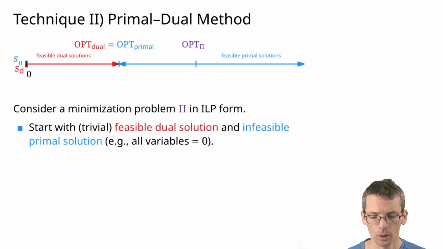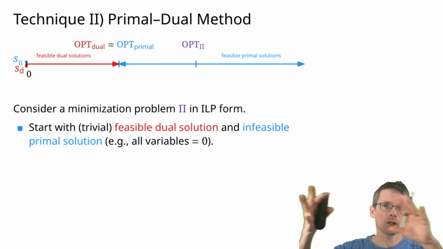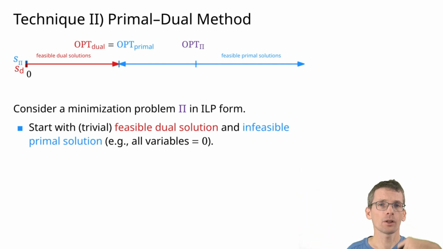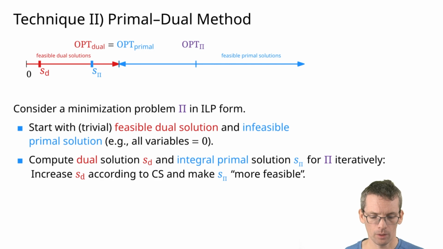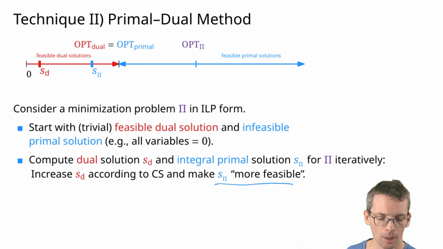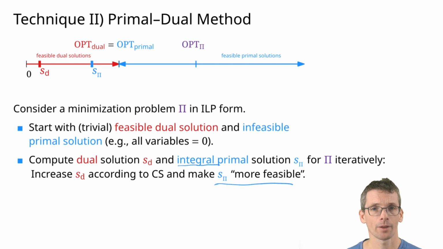This should result in a feasible dual solution and, unfortunately, an infeasible primal solution. What we're now going to do is incrementally make this solution more feasible. We will make changes to our solution and make the primal solution more feasible in every step, always making sure that it stays integral.